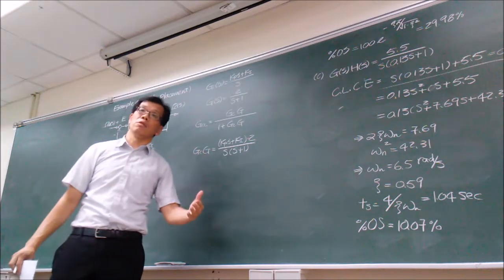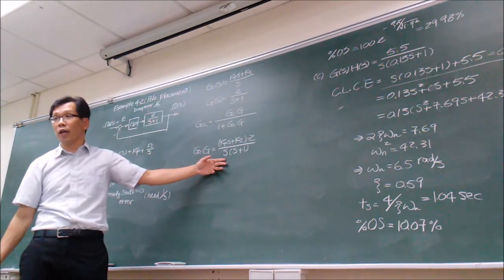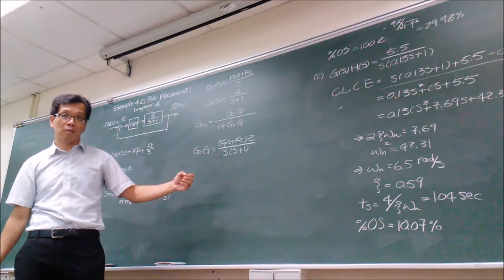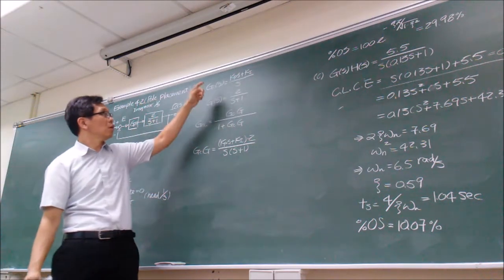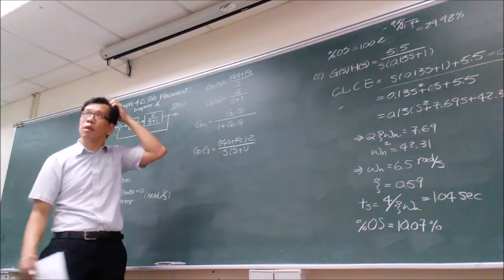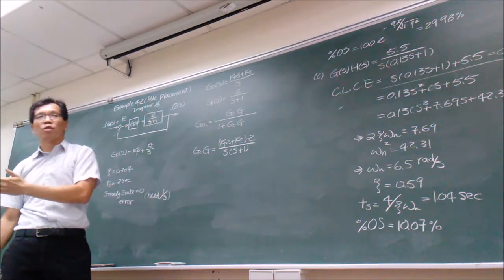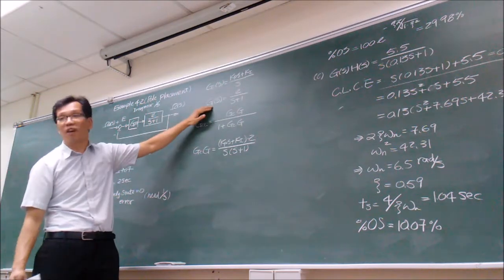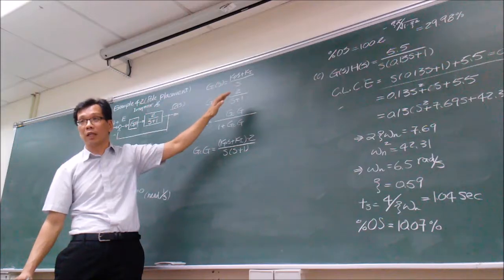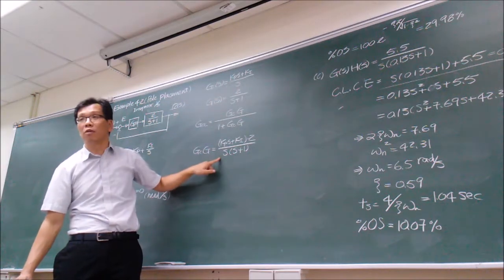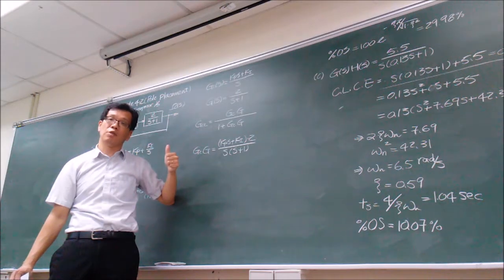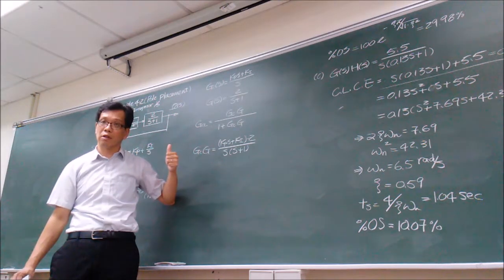In other words, if you have a pole located at 0, you have a free integrator in your system, then you do not need to use an integrator in your controller. Let me slow down a little bit. If your transfer function has an integrator or a pole located at 0, it means that your system eventually is going to have 0 steady state error.